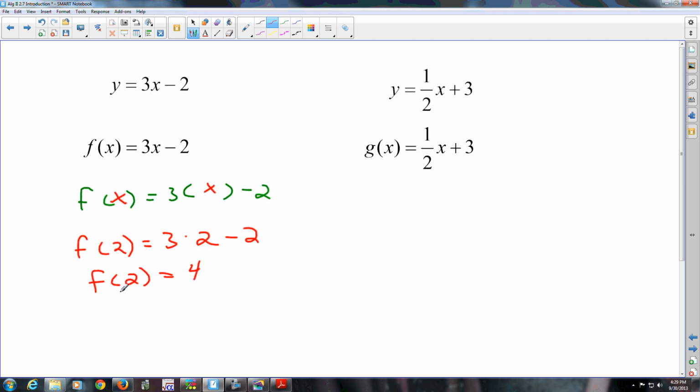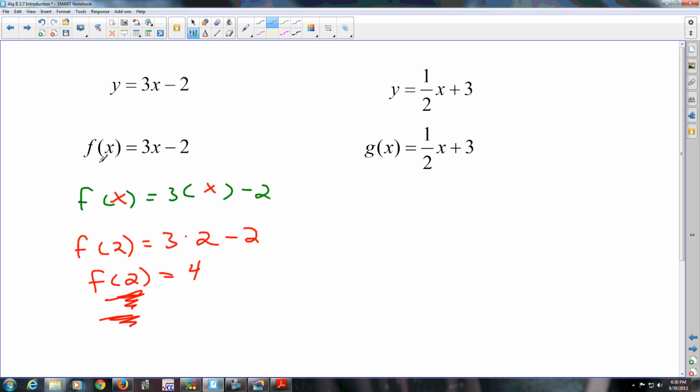So it reminds you, hey, I filled in a 2 and got a 4 as an answer. It's record keeping. There's no arithmetic, no algebra that's going to happen on the left side. It's just there to keep track of what you filled in and what you got as an answer.